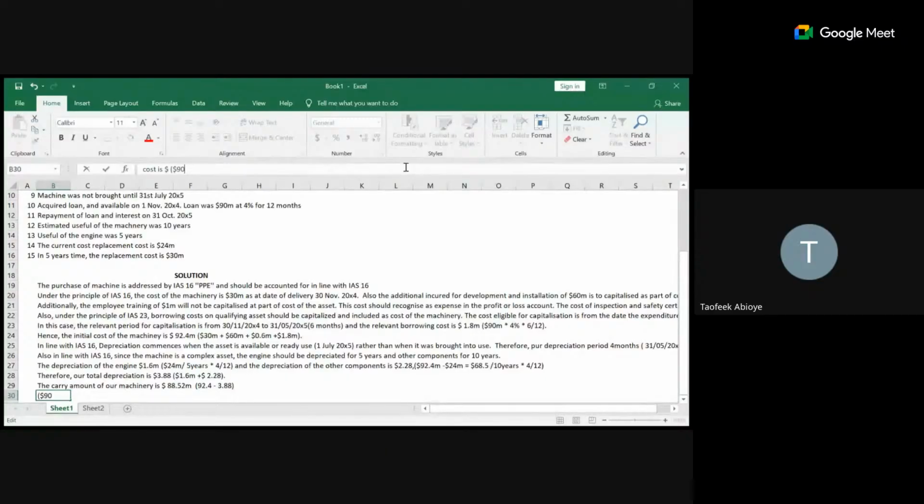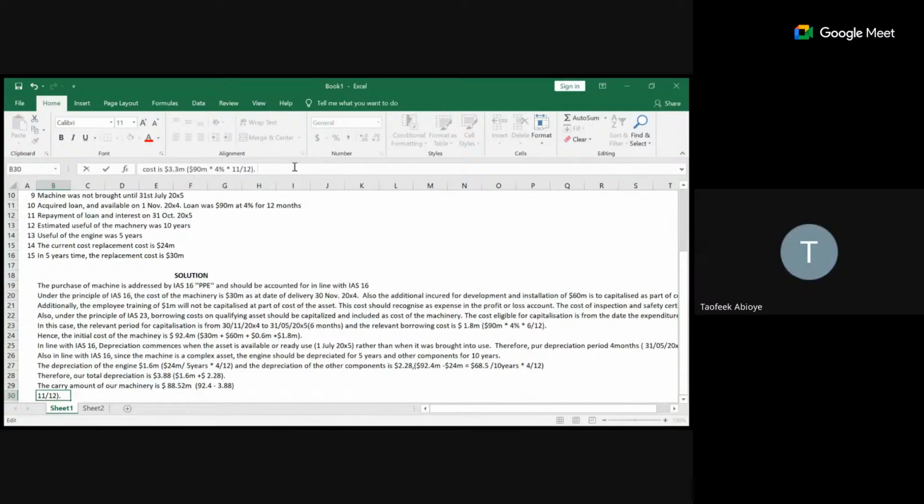This question, ACCA, times 4% times 11 months. So we pay that loan for 11 months. It's not up to 12 months. So how much is it? 90 million times 4% times 11 is 3.3 million.